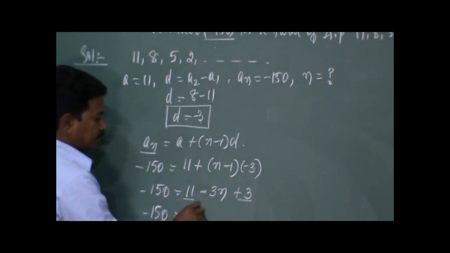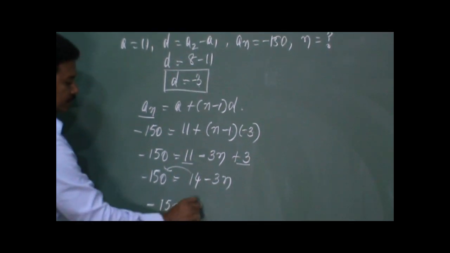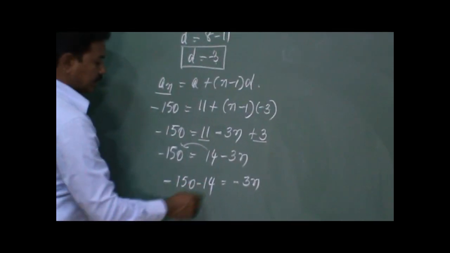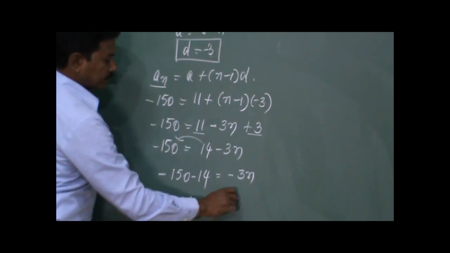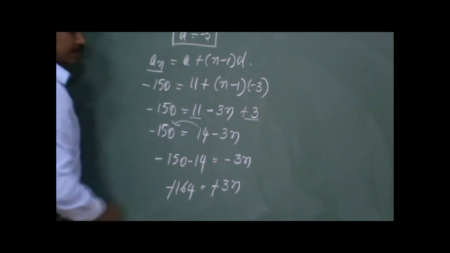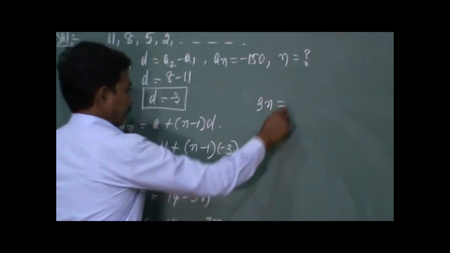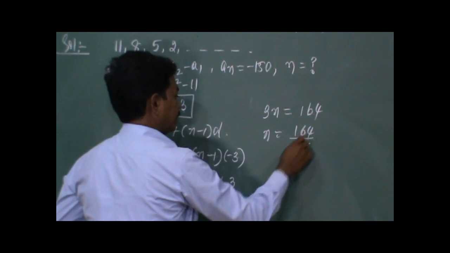Simplify the constants, that is 14 minus 3n. Transpose this 14 to the LHS: minus 150 minus 14 is equal to minus 3n. Minus 150 minus 14 is minus 164, equal to minus 3n. Minus and minus cancel, so we are left with 3n is equal to 164. n is equal to 164 by 3.